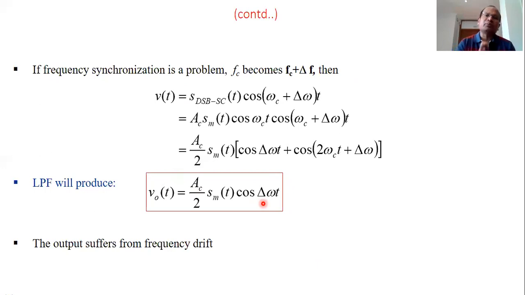So this is about phase synchronization and frequency synchronization. Phase synchronization problem is introduced by the transmission line or the channel, whereas the frequency synchronization problem is due to the incorrect carrier frequency which is being generated at the receiver.